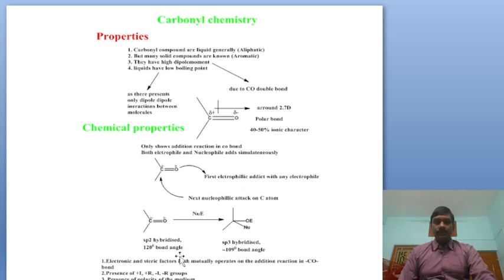Here the nucleophile and electrophile are simultaneously present, and in presence of a catalyst they add simultaneously to the carbonyl group. The hybridization of the carbonyl carbon changes from sp2 to sp3.